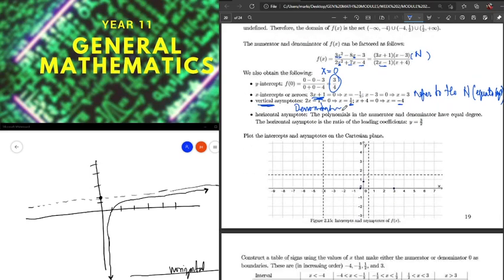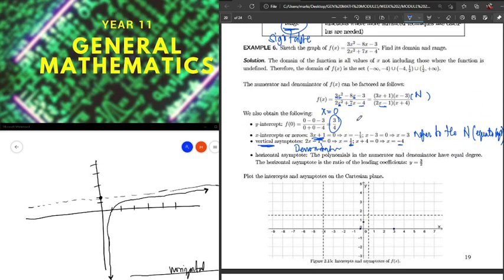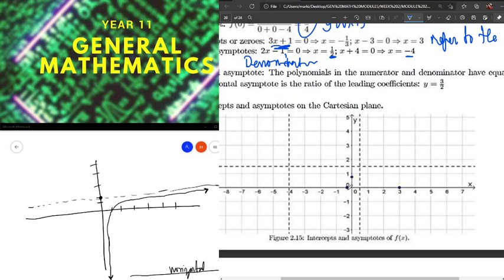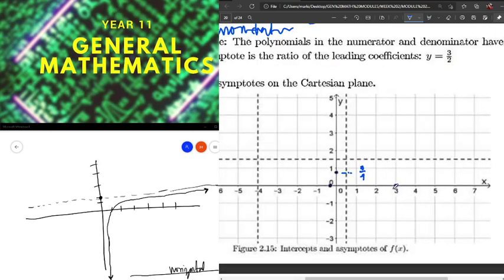Okay, sign table. So as you can see here in your module, we're now going to plot the points. So we already now have the y-intercept. So when we say y-intercept, we are referring to the y-axis. So that's why we have here the point. Let me take you to zoom. So this one is the 3/4. Okay? This is the y-axis.